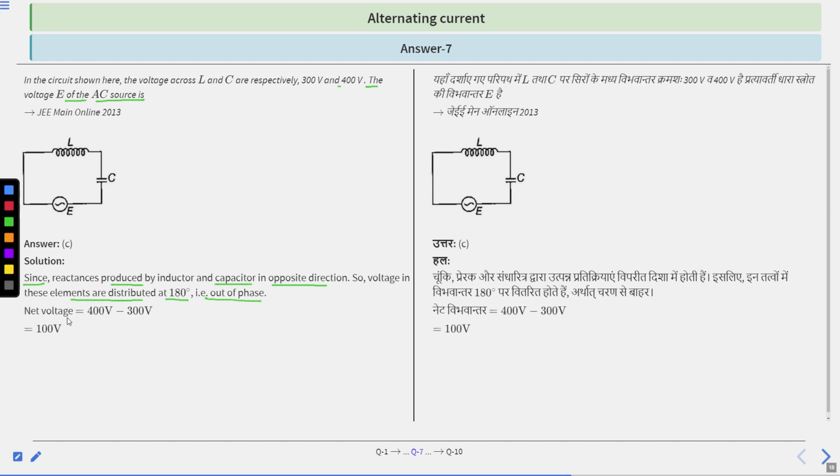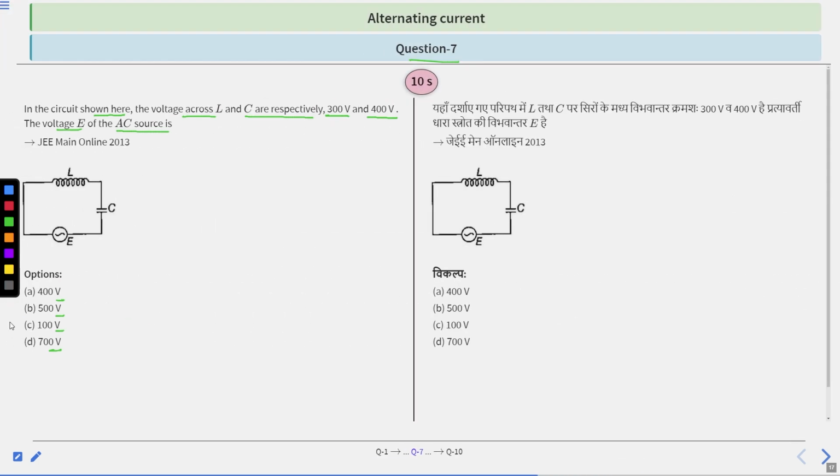That's why the net voltage is equal to 400 volt minus 300 volt. So the net voltage is equal to 100 volt. So 100 volt is the correct answer. Option C is correct. Clear? Option C is correct.